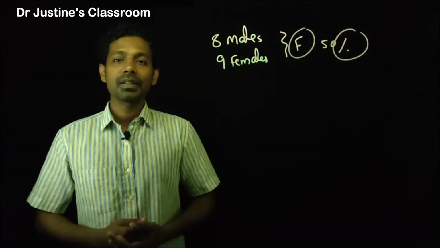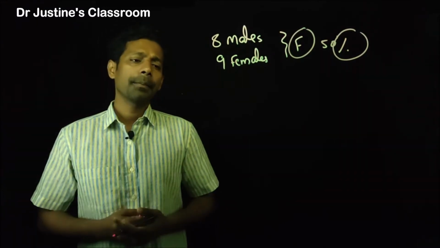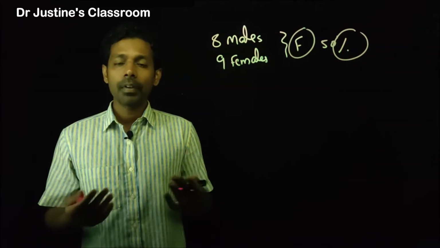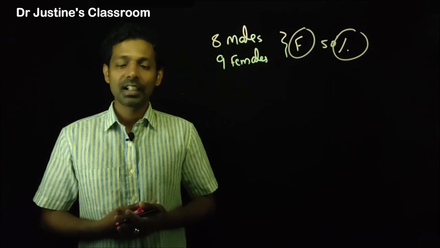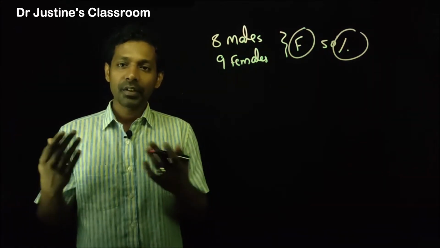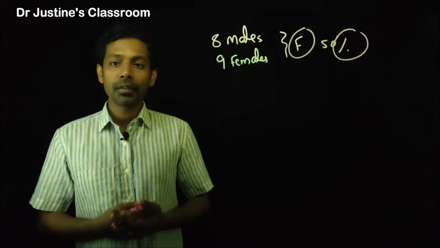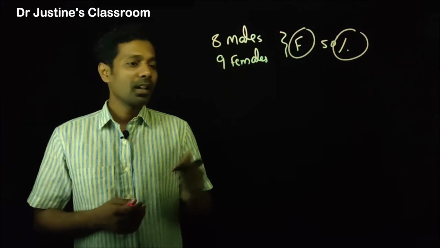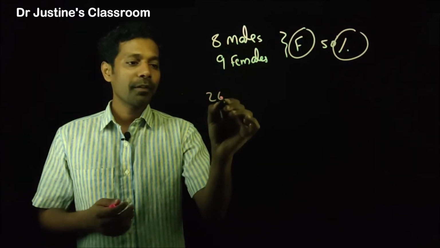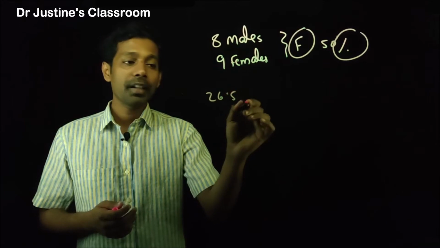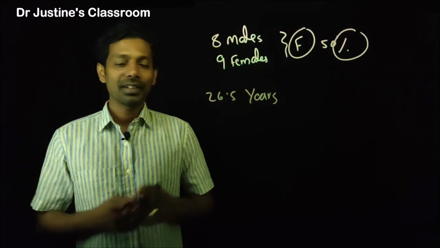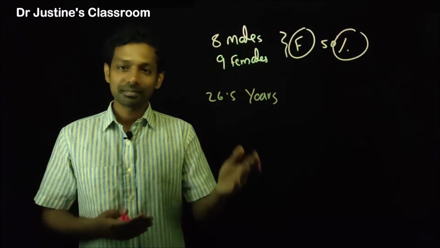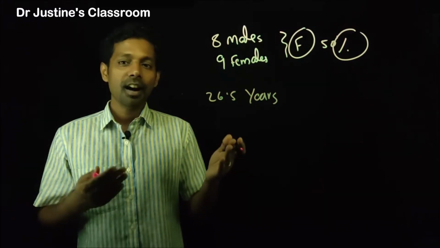What are the other ways in which we describe our sample? For example, let us say the average age of my sample. Usually we write this in our articles. In every journal, when we describe our sample, we write this particular score. So let us say 26.5 is the average age of my sample. What is this? Very simple. This is a measure of central tendency, that is average.